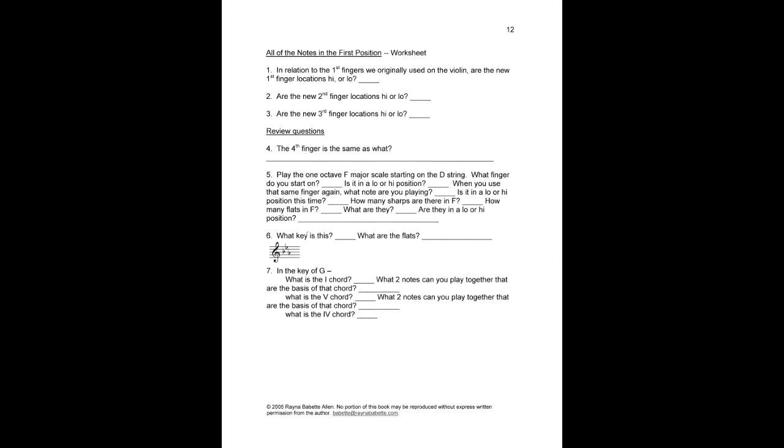The 5 chord is D. And what 2 notes can you play together that are the basis of that chord? Those 2 notes would be D and A. And lastly, what is the 4 chord in the key of G? The 4 chord is C.